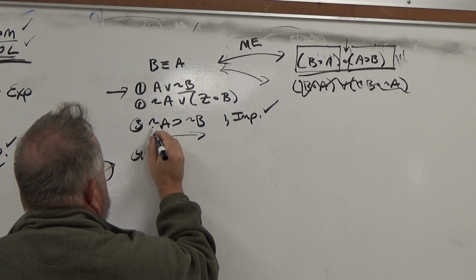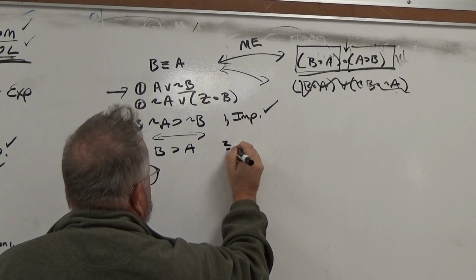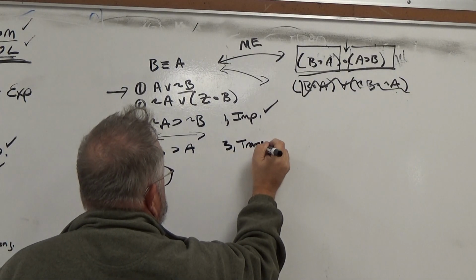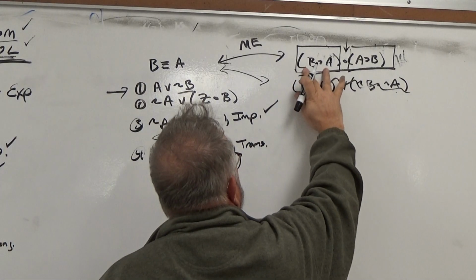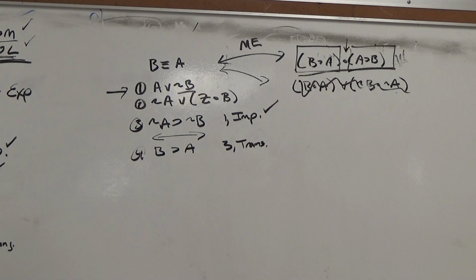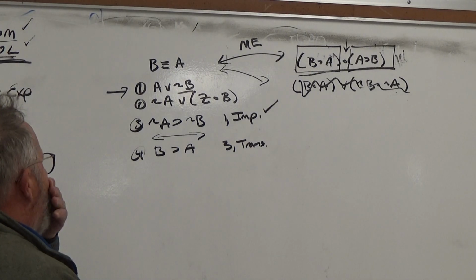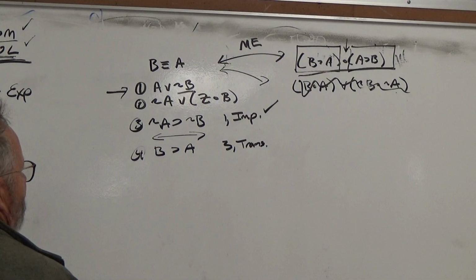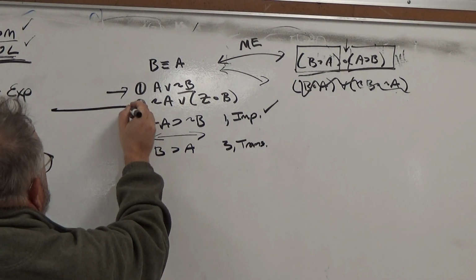So it becomes B then A from 3 by transposition, okay? And that's one of the pieces I needed, okay? So now I'm after A then B, okay?